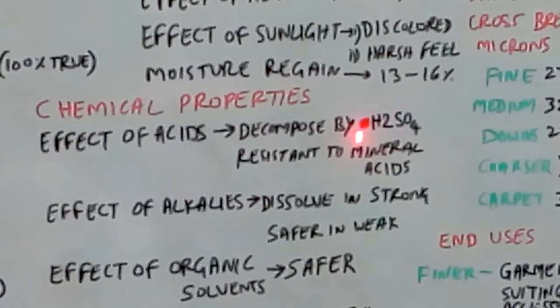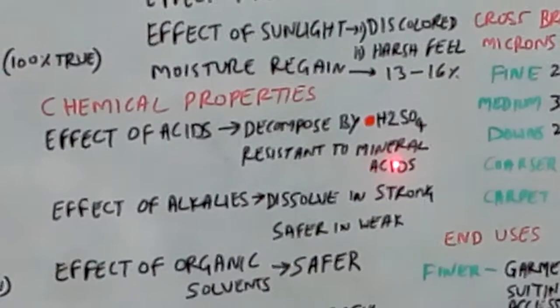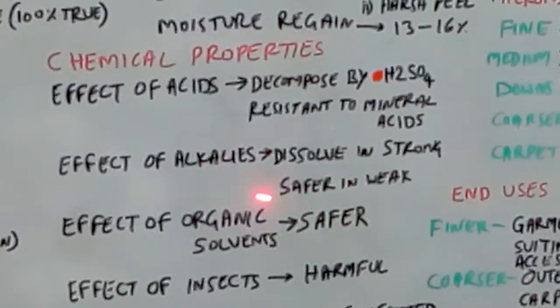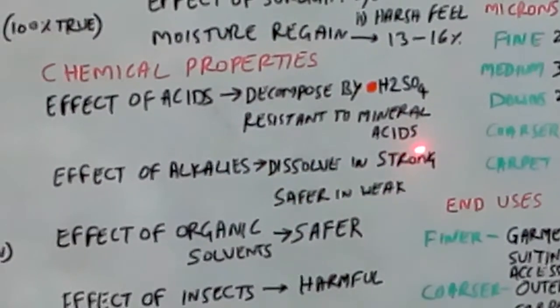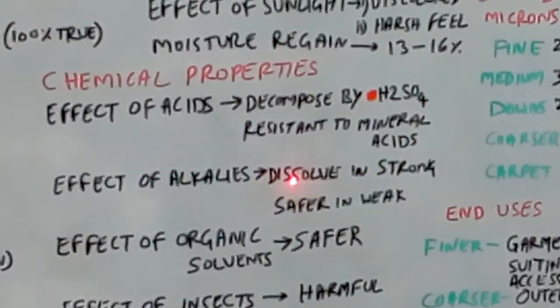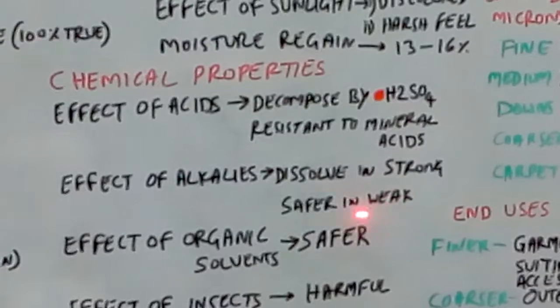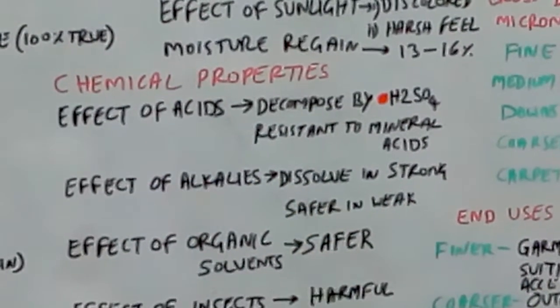Hot sulfuric acid will damage the wool fiber, but wool will resist mineral acids. These are the main points we consider. In the case of alkalis, strong alkalis will dissolve the wool fiber, but weak alkalis are safer.